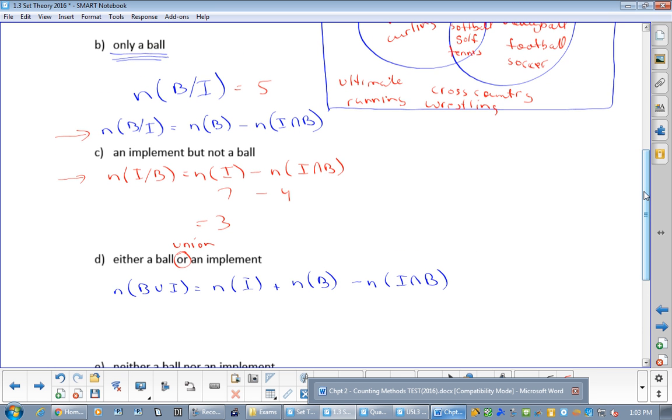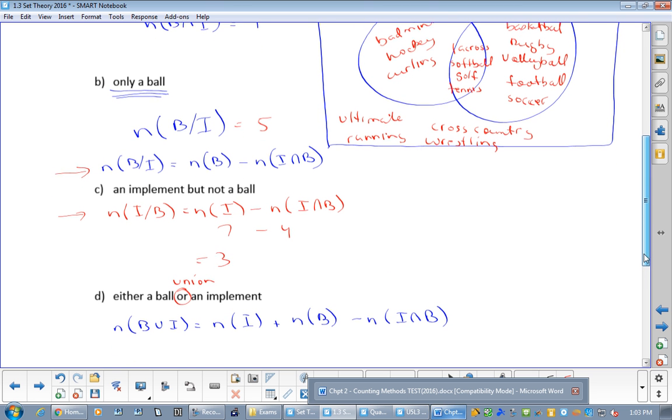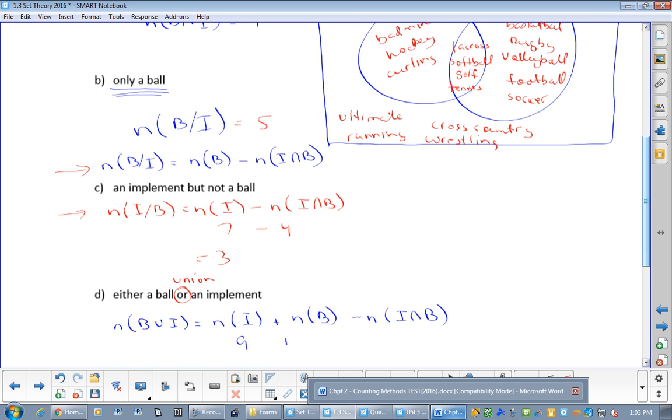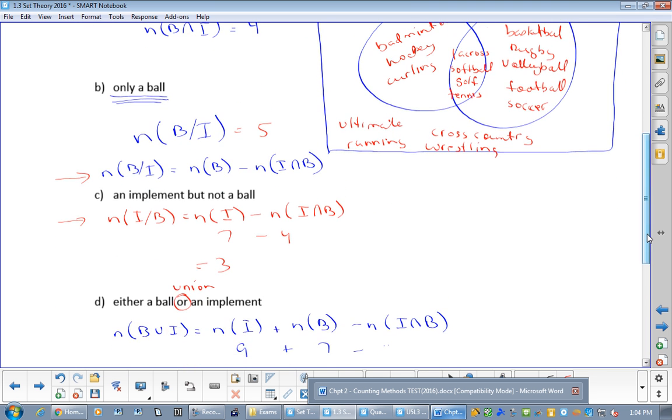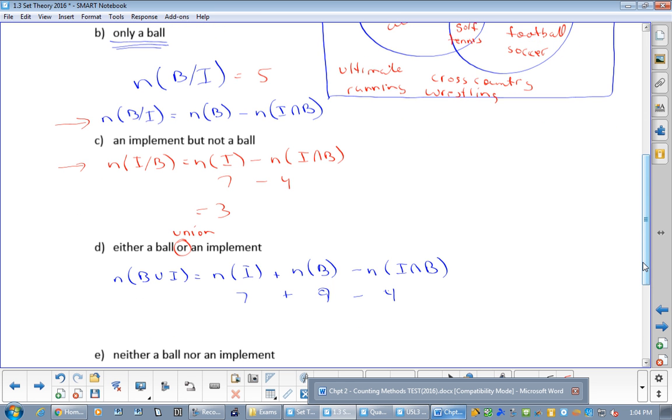Because it got counted twice, didn't it? Okay, so that would be 9 plus 7 minus, hold on, yeah, no, that should be 7 plus 9, right? If I want to keep it straight. Minus 4. So 9 plus 7 is 16. 16 minus 4 equals 12.